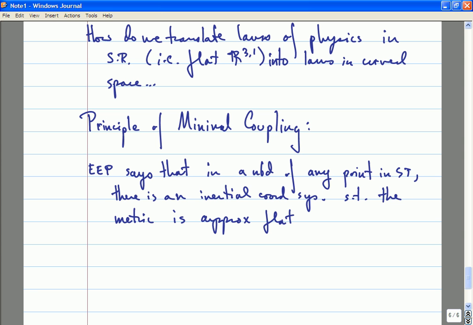So what that means is that at that point, the covariant derivative is indistinguishable from the partial derivative, because they differ by terms involving the Christoffel symbols.